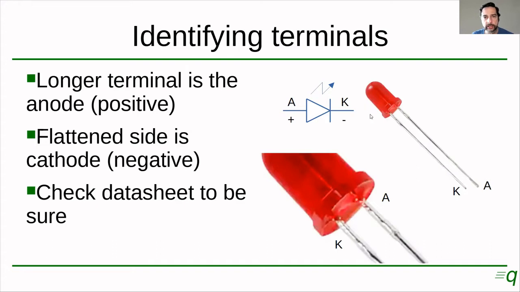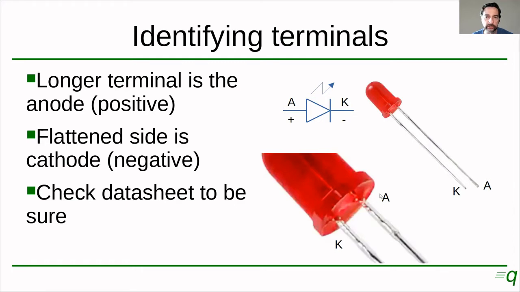Physically, this is what an LED looks like, but the anode is usually longer and the cathode is usually shorter. Also, on the base of the diode, the cathode is flattened here. If you have a look here, the anode is rounded.